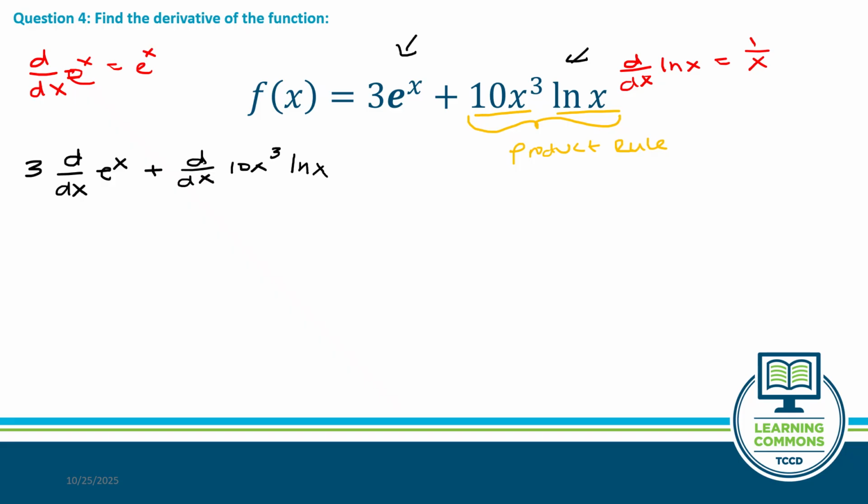Okay, so 3 times the derivative of e to the x is going to be 3 e to the x. Nothing changed, right? Perfect.